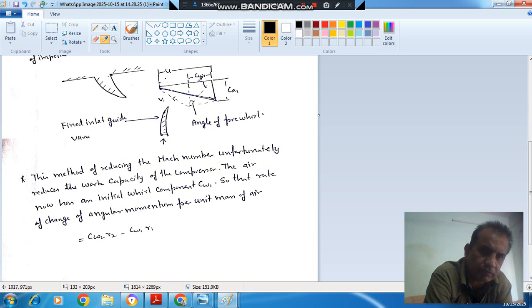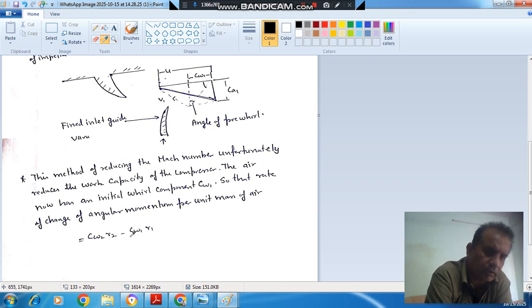Here we are providing CW1, which is reducing the work input capacity, because initially the angular momentum was CW2 R2, and work done was CW2 R2 omega. But now the angular momentum is CW2 R2 minus CW1 R1. Initially this was 0, now it has some value, so we have to subtract this, and if we multiply it by omega, then it will be the work done.